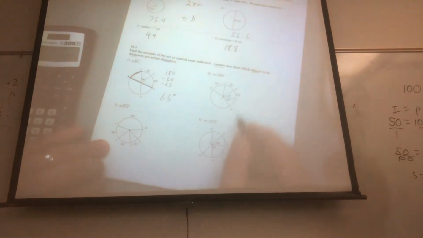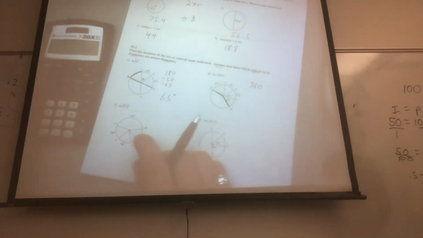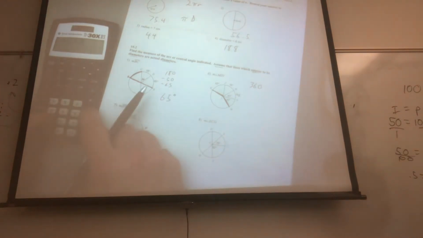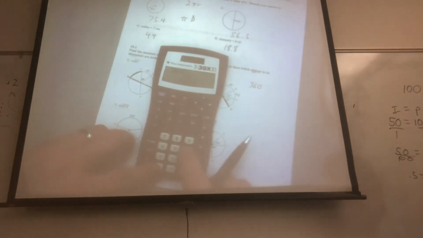Now the measure of angle MIN. That's right here. It's the one that we don't have. So all the way around the circle is 360, and we're just going to subtract these parts. 360 minus 65.